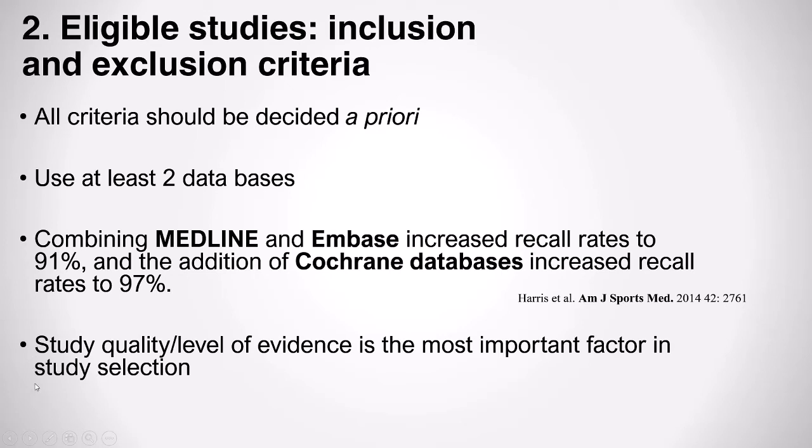And just to hammer home the same message, and this is why we spend so much time getting the search right: remember what I said before, the systematic review is only as good as the studies it contains.